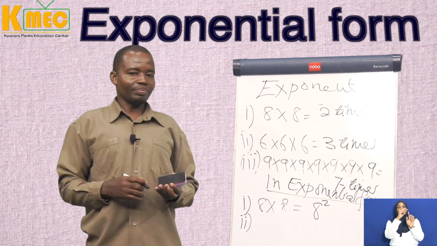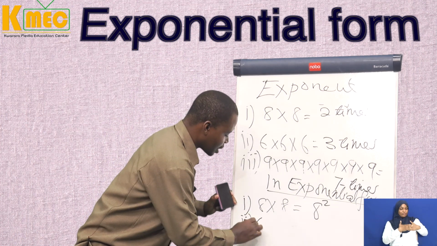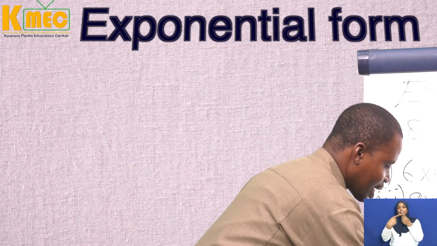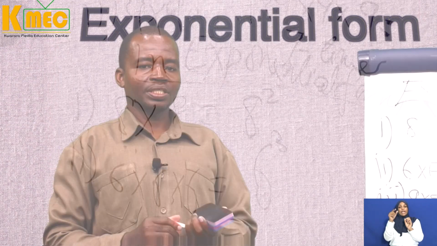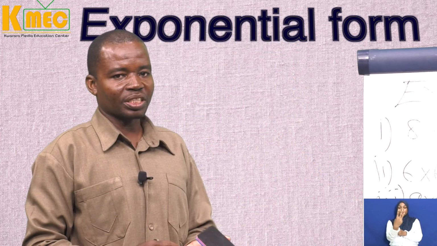Okay, we are going on, my dear pupil. So here 6 times 6 times 6 we write as 6 exponent 3. 6 exponent 3 in exponent form or in exponential form.